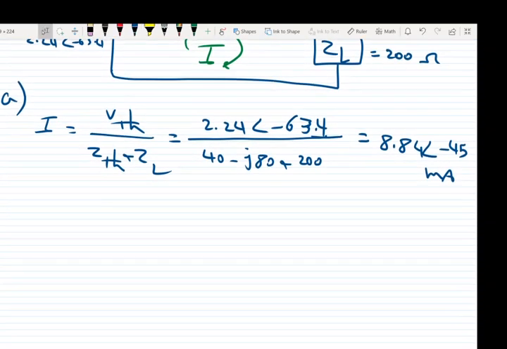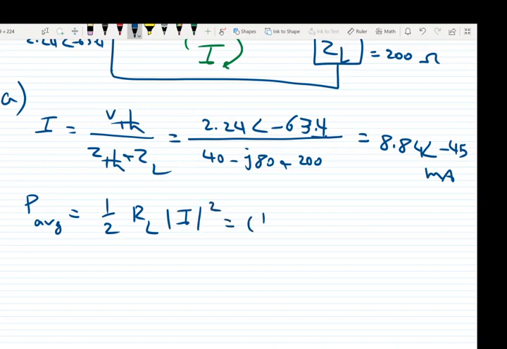Okay, so we got I, we have ZL, so we know that P average is equal to 1 over 2 RL, which is the real part of the load, times I square, which is equal to 1/2 of 200 times 8.84 times 10 to the negative 3, because milliamp, squared.